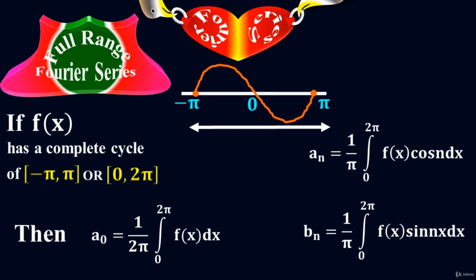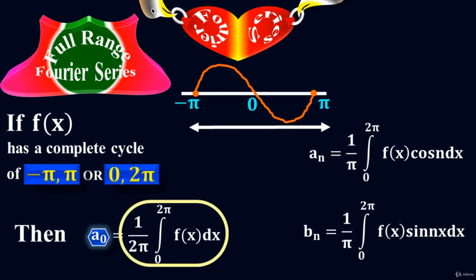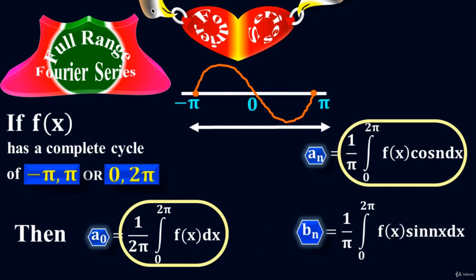I talk about full-range Fourier series, where I have both sine functions and cosine functions. Therefore, I have all the three coefficients of Fourier series, a sub naught, a sub n, and b sub n. The function f of x is a complete cycle with a range from minus pi to plus pi or from 0 to 2 pi.